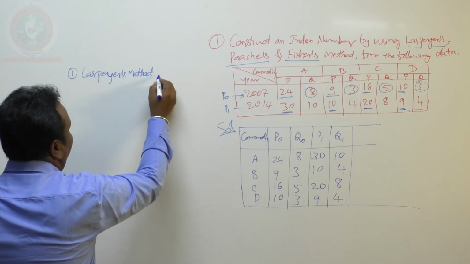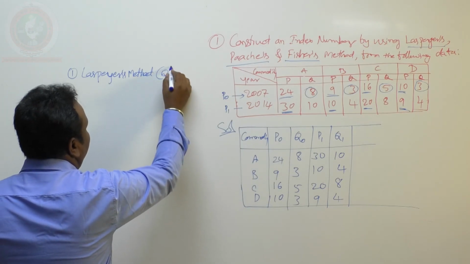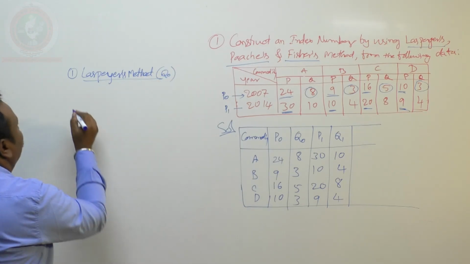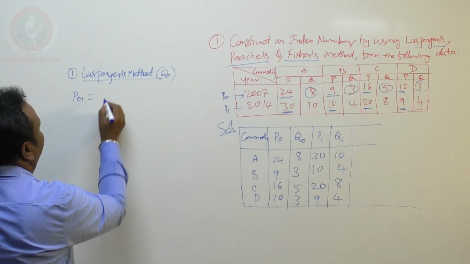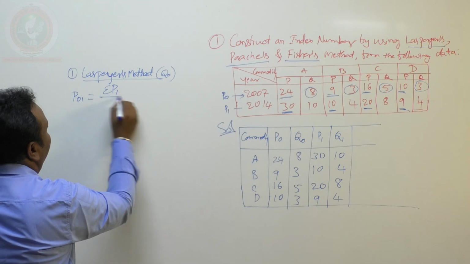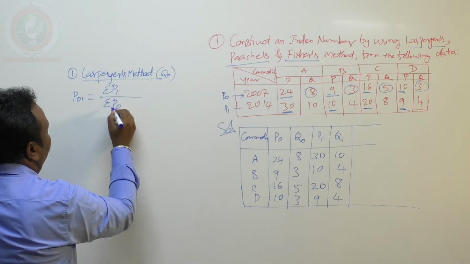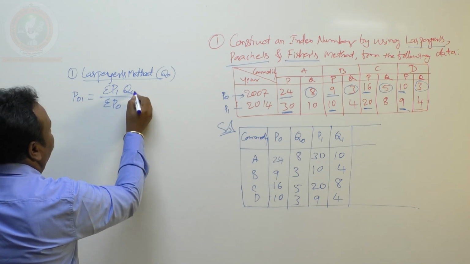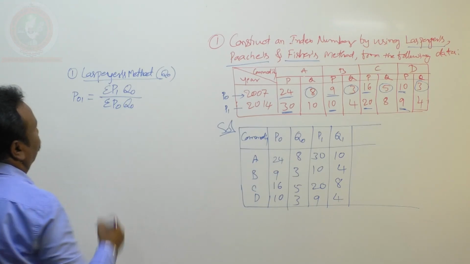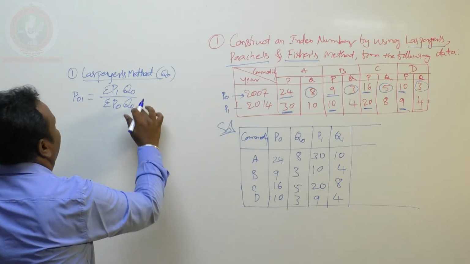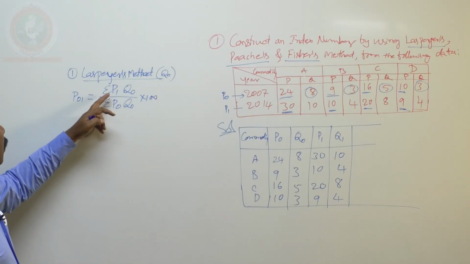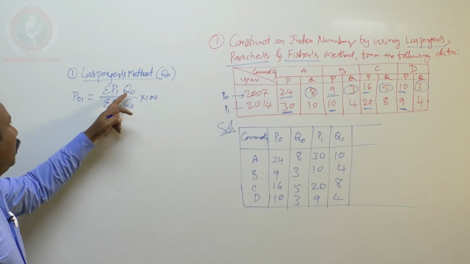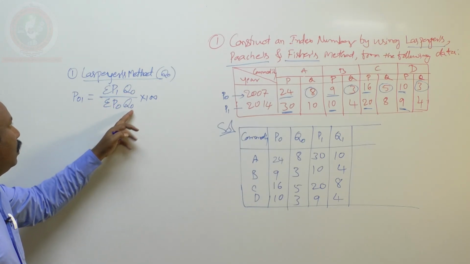In this method he gives importance to Q0. So, the index number P01 equals sigma P1 Q0 divided by sigma P0 Q0 into 100.